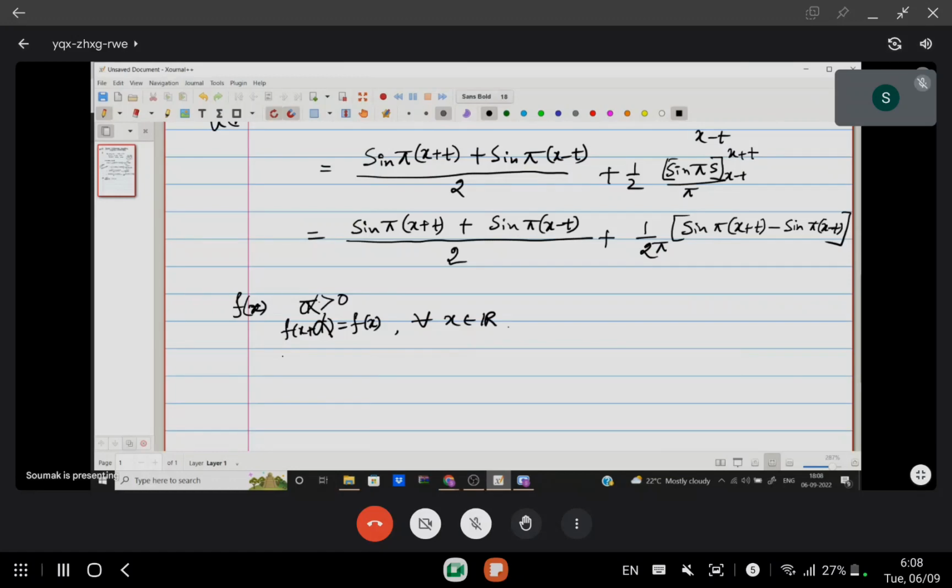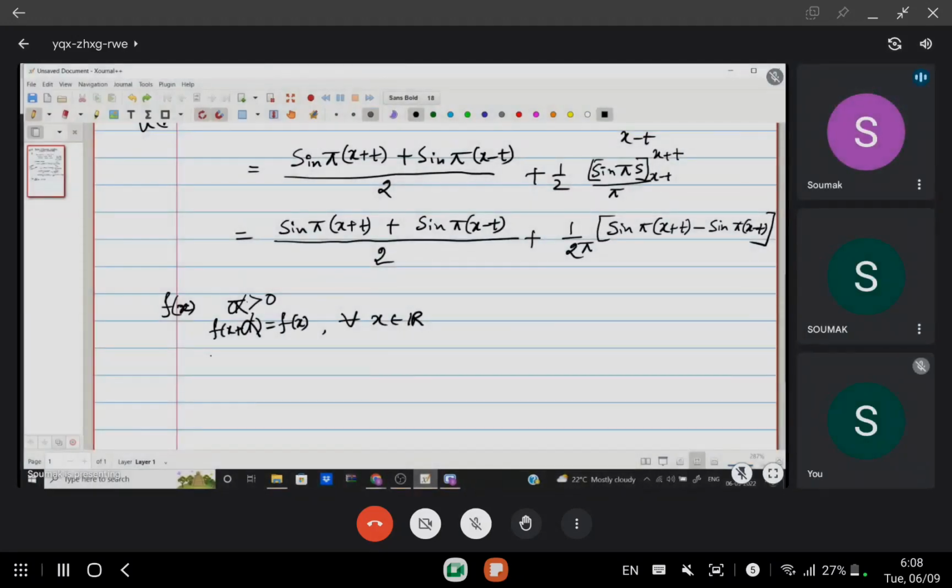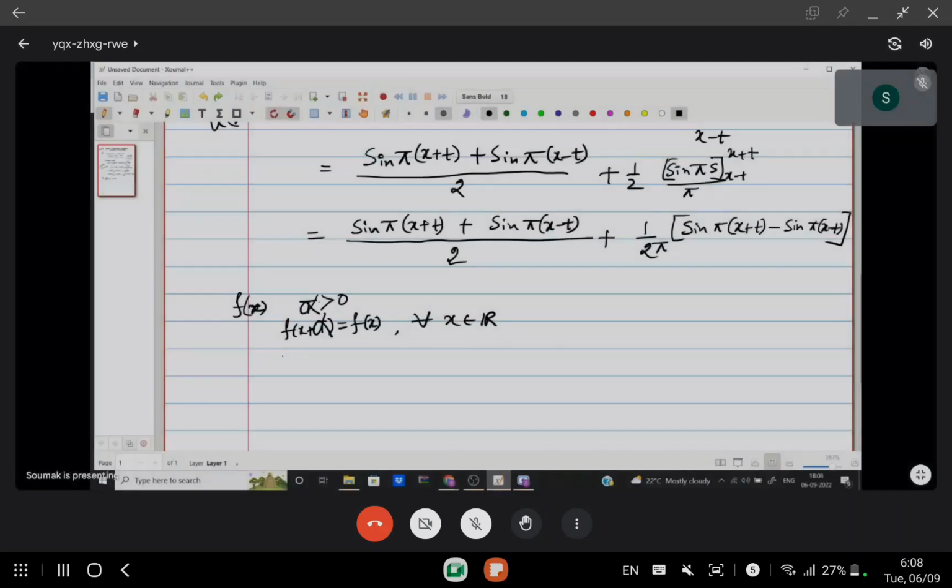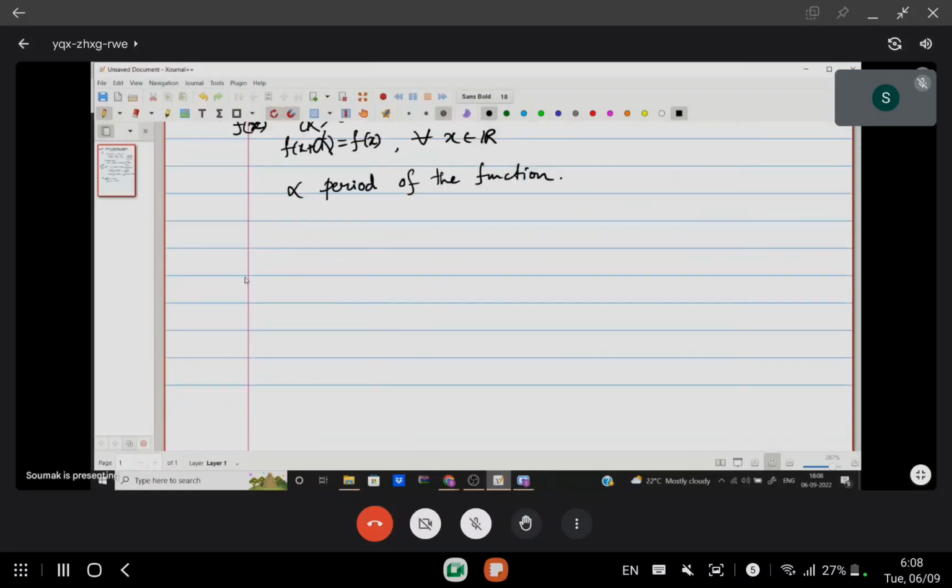Actually, let me. Alpha is called the period of f of x. Alpha is called period of the function. The same thing happens here. I have to find those alpha.